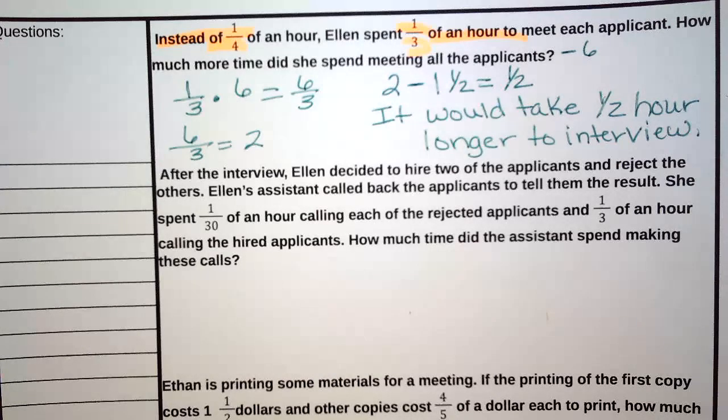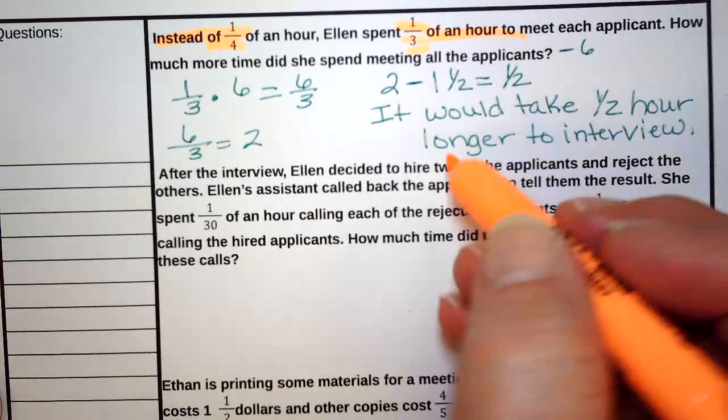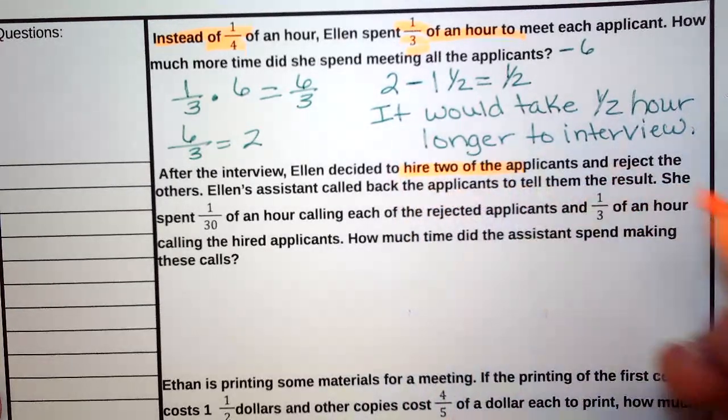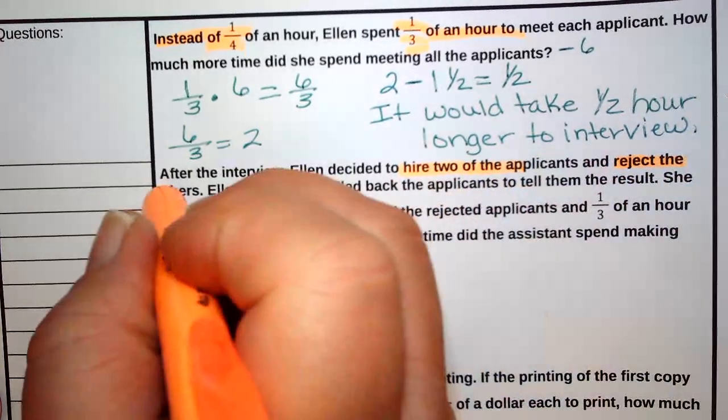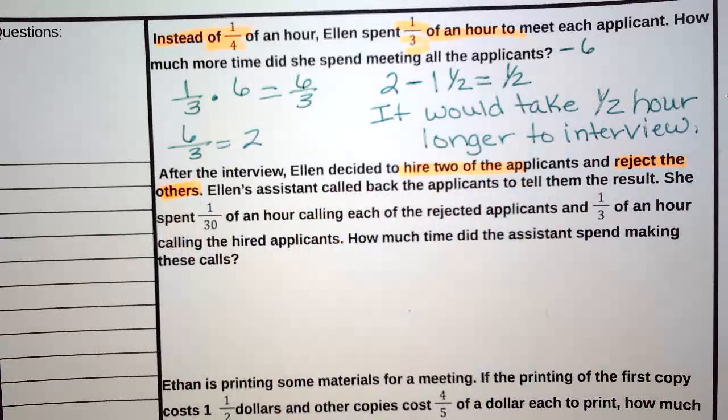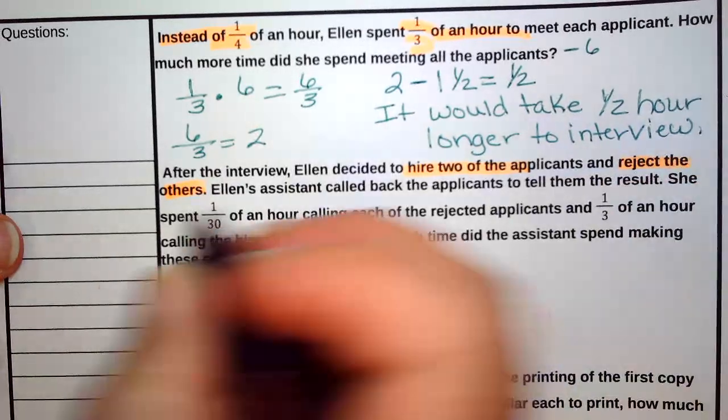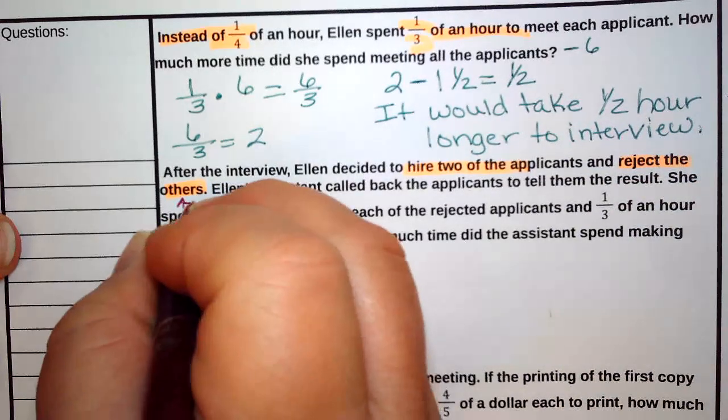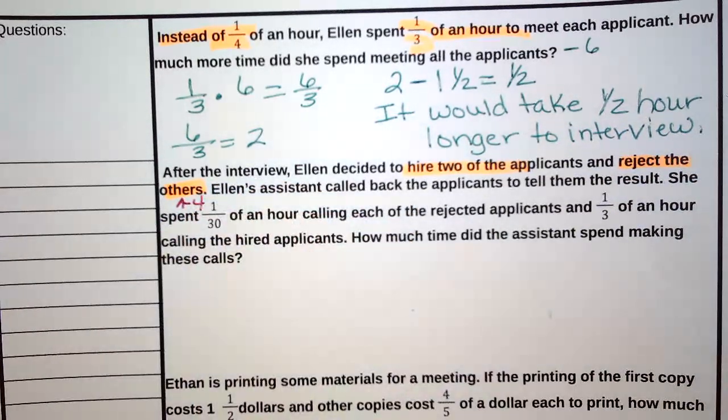So we know that the number of applicants hasn't changed, but now she's hired 2 and rejected the others. How many did she reject? She started with 6, and hired 2, which means she rejected 4.